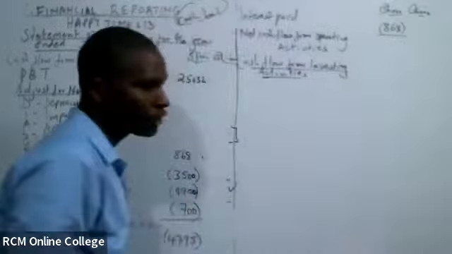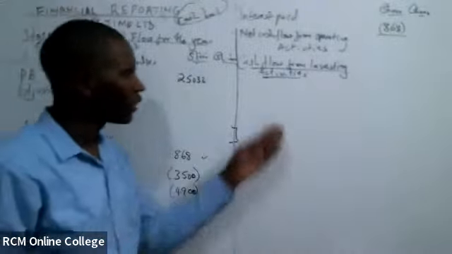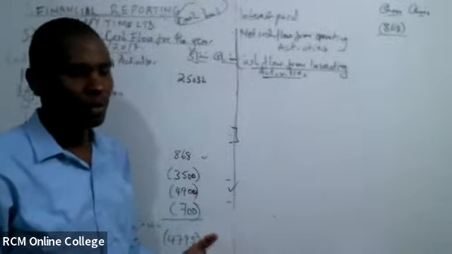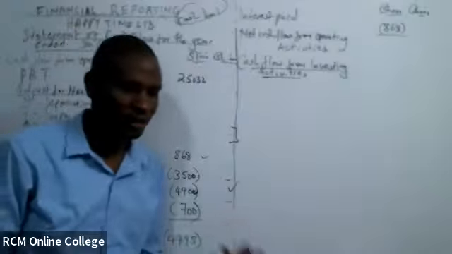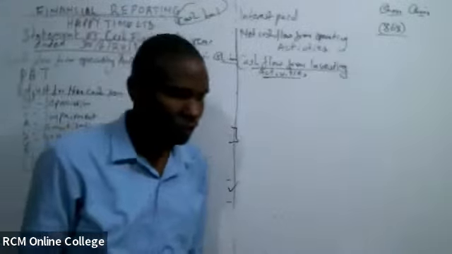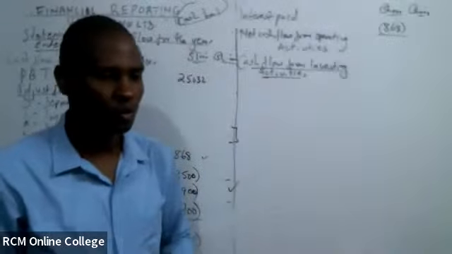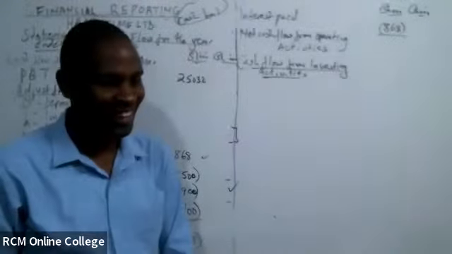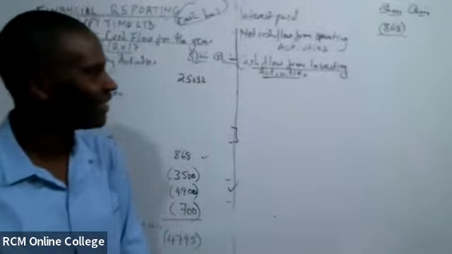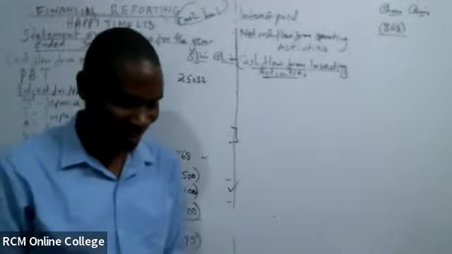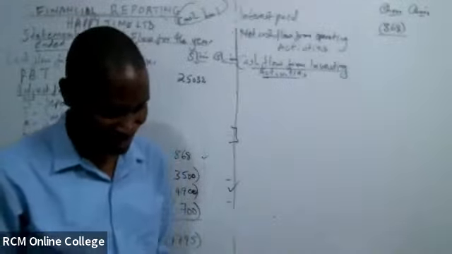Which items or which part of the balance sheet do we check when we're talking about investing? The non-current asset. Okay, sawa, non-current asset.